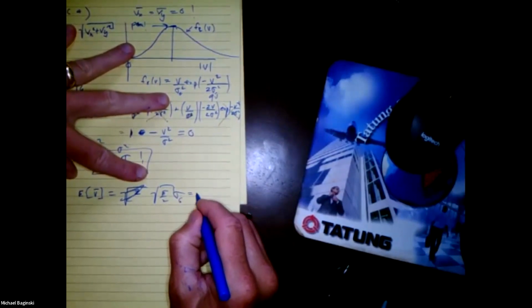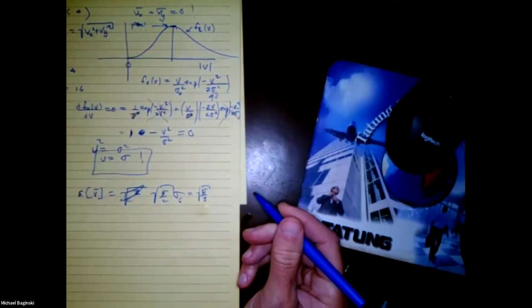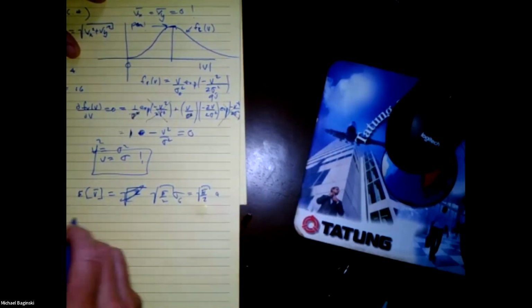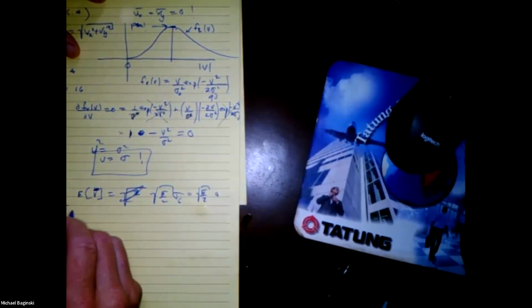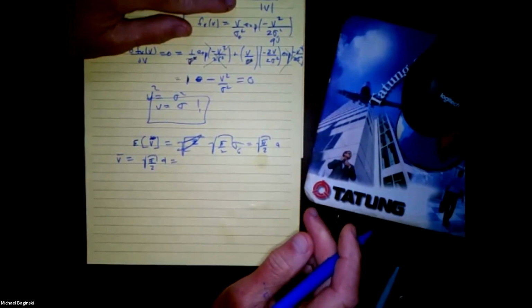So that's going to be equal to square root of pi over 2. And the Gaussian sigma was 4, right? So the mean velocity, or sorry, this would be just v, would be square root of pi over 2 times 4. And what is that going to be equal to?